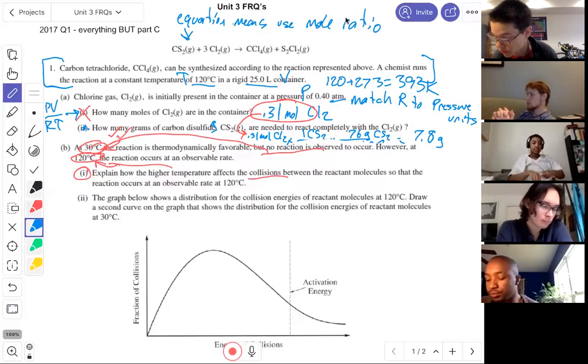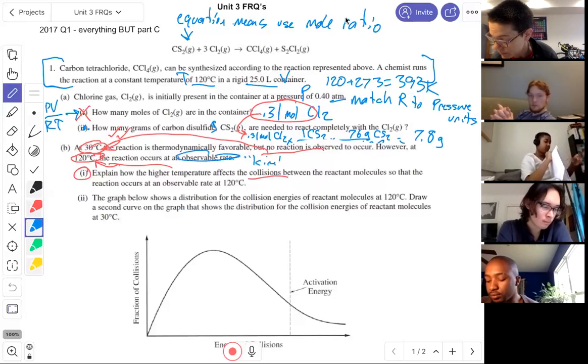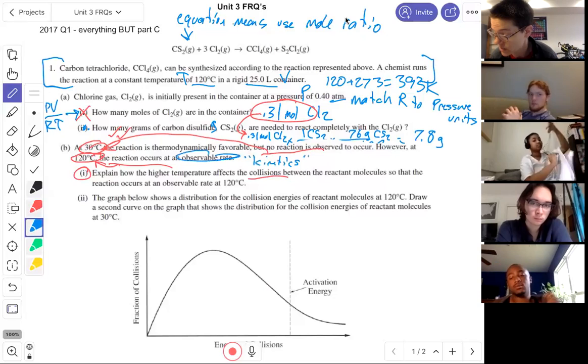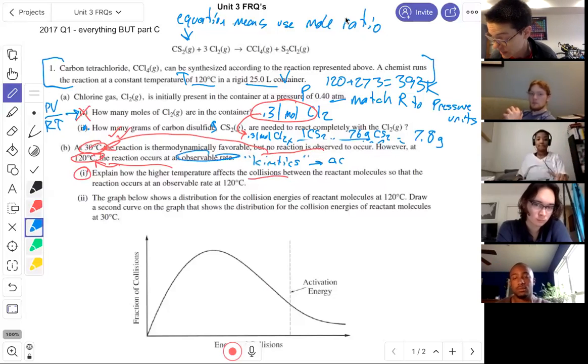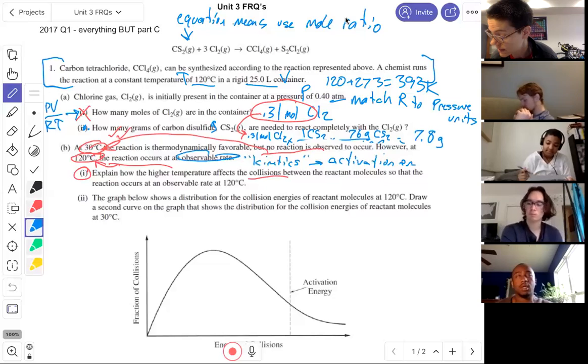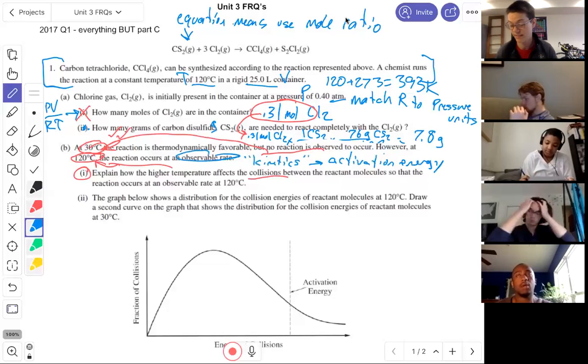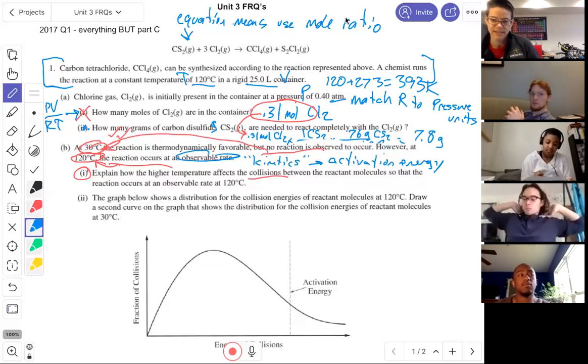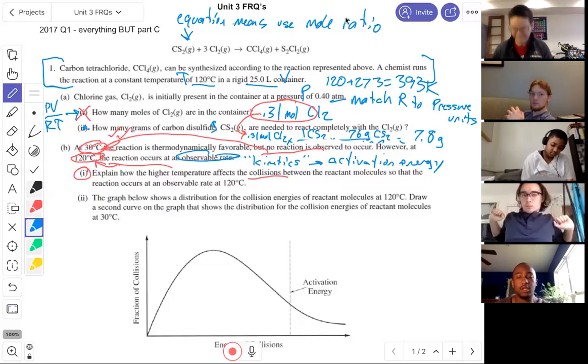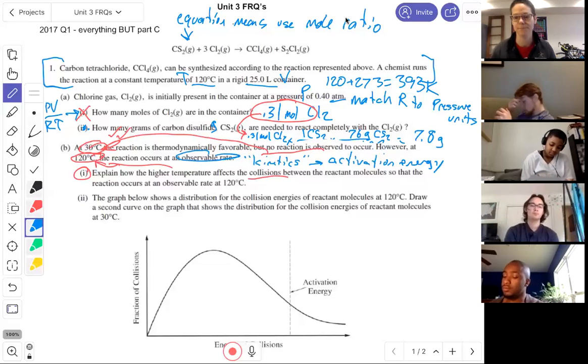Observable rate is telling me kinetics. And if I'm thinking kinetics, my barrier in kinetics is called activation energy. So because they're colliding more and are moving faster, they have more energy to overcome the activation energy? Yes.